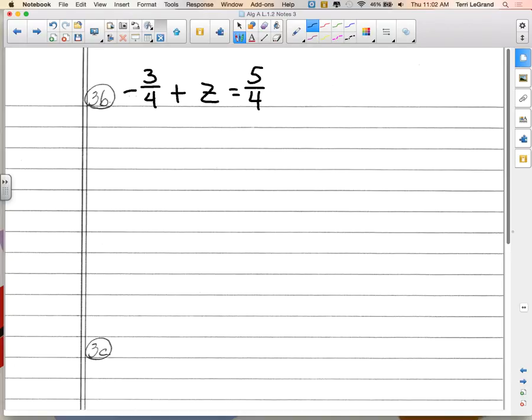Suggestions for what we're going to do in this one? Be bold, come on. Subtract 3/4? Okay, let's remember, let's look at this. Can we read addition backwards? Can we go like this, z plus negative 3/4? Can we read it that way?